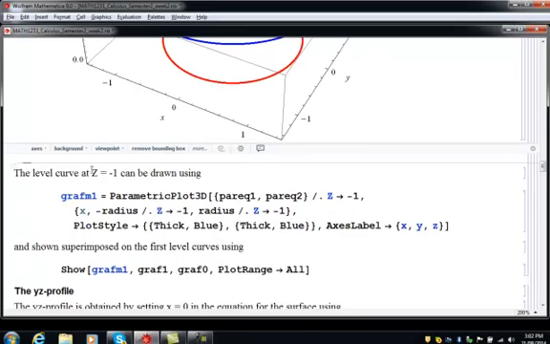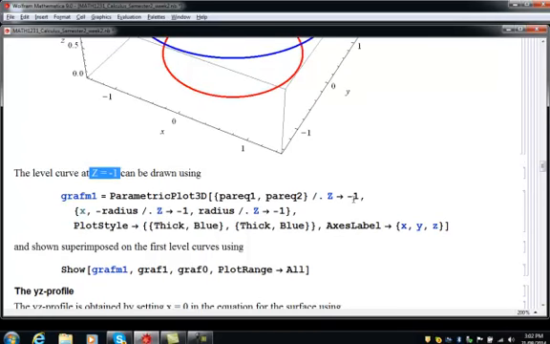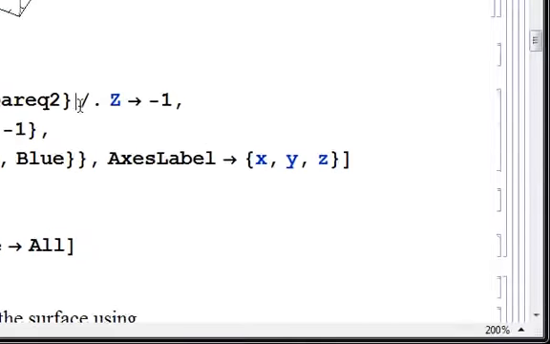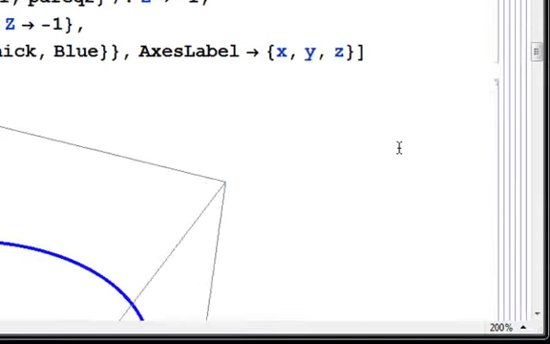And now I can plot the level curve at z equals -1 by essentially copying the first graphics command and replacing z equals 0 by -1 and getting that in blue as well.